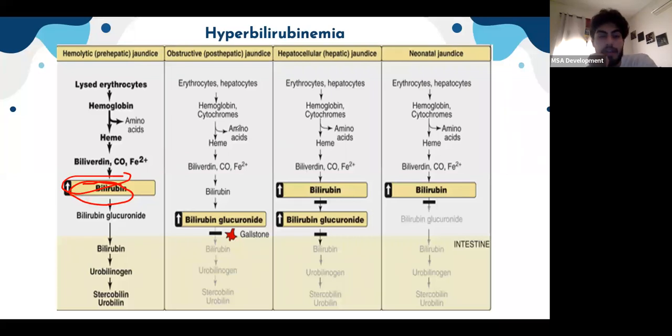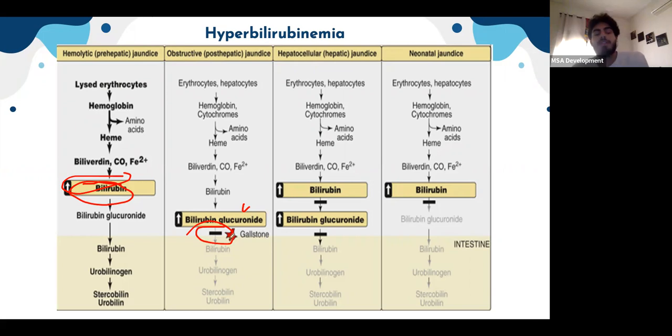In post-hepatic jaundice or obstructive jaundice, there's an obstruction here after it has already become conjugated. So this is already conjugated, and there is probably an obstruction here that we're going to talk about later.